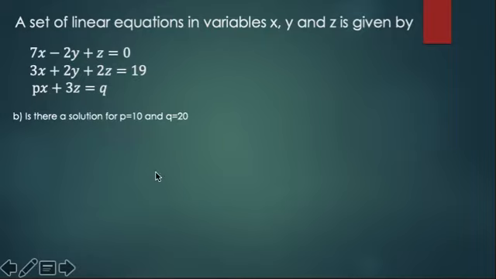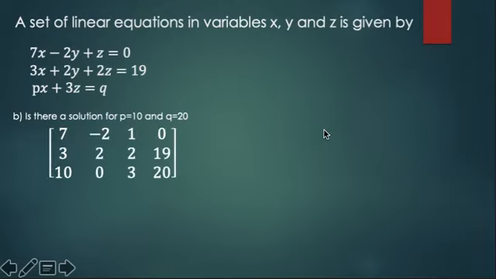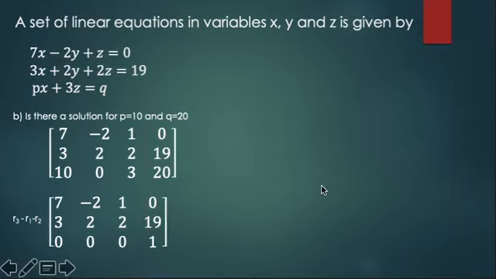Same one again. Now what happens when we've got p is 10 and q is 20? So again, throw those values in. This time I'm going to skip the extra step I did in the last slide and go R3, take R1, take R2, because I can see 7 and 3 is going to make 10, so I'm going to take both of these away at the same time.